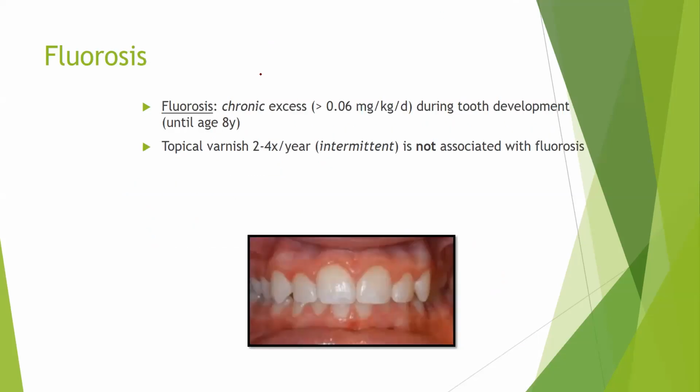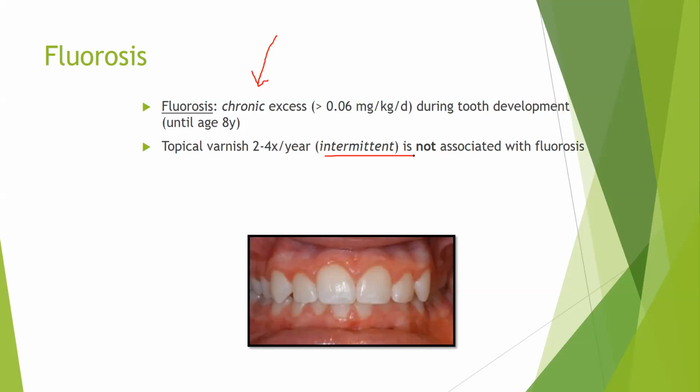Fluorosis, so this is chronic excess of fluoride, greater than 0.06 milligrams per kilogram per day during tooth development. So this would be those primary teeth that we talked about earlier. And topical varnish is associated with fluorosis.